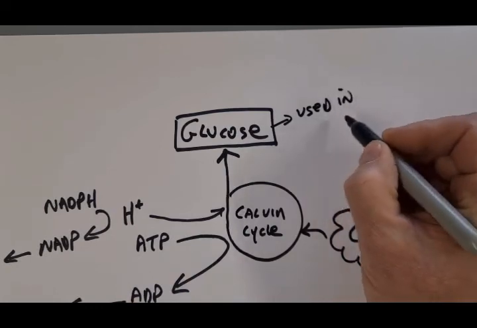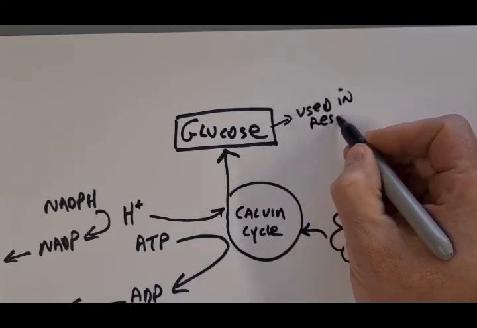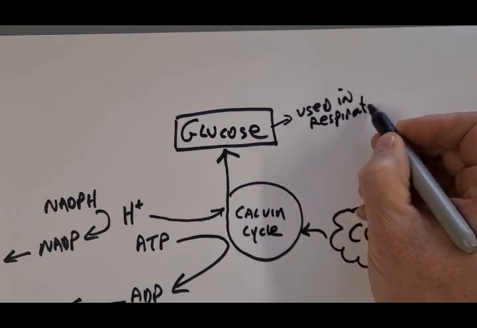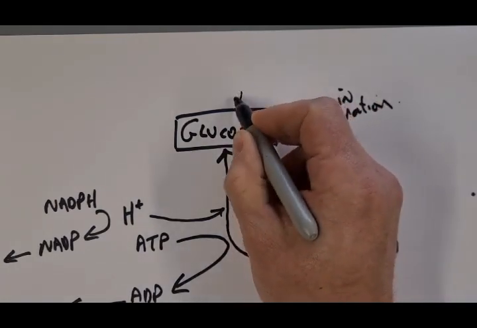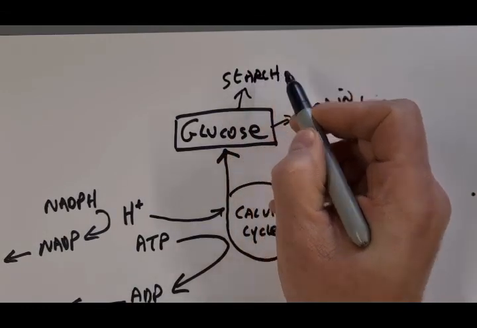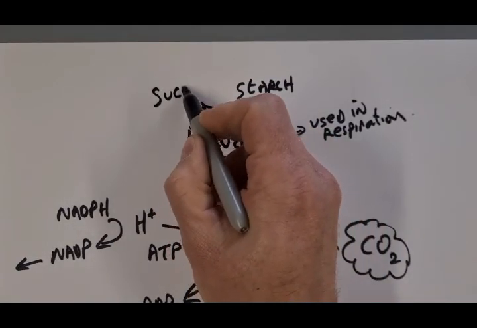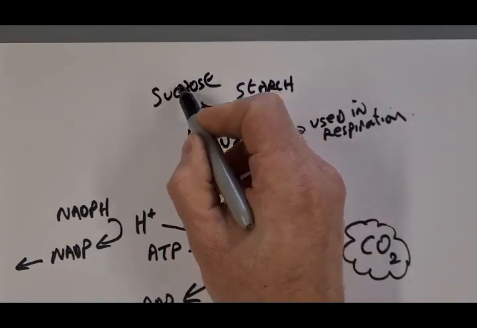Okay, so some parts of the cell will need to have glucose for energy, so used in respiration. Some of the glucose can be converted into starch for storage for use later on, and some of the glucose could be converted into sucrose if it needs to be transported somewhere else in the plant.